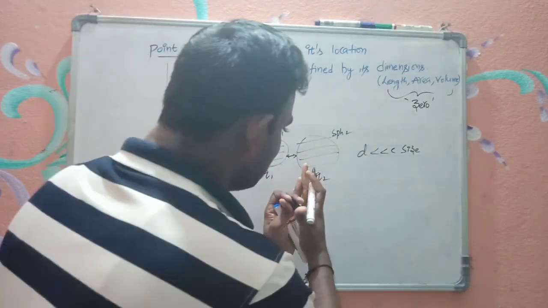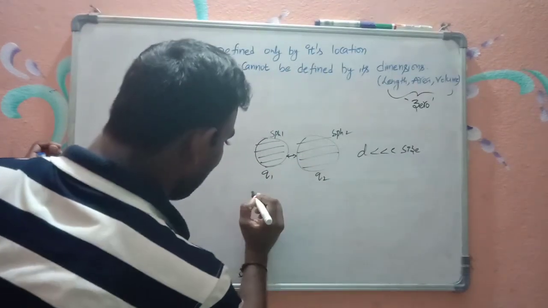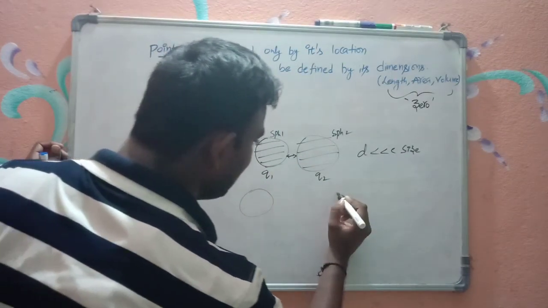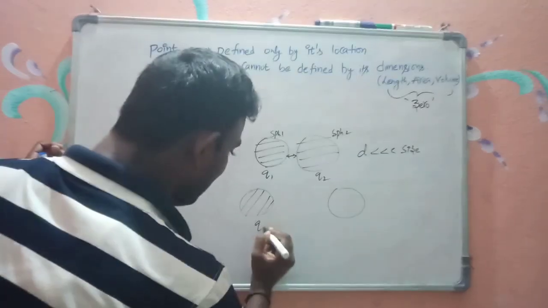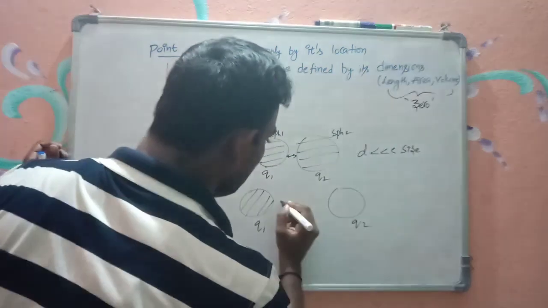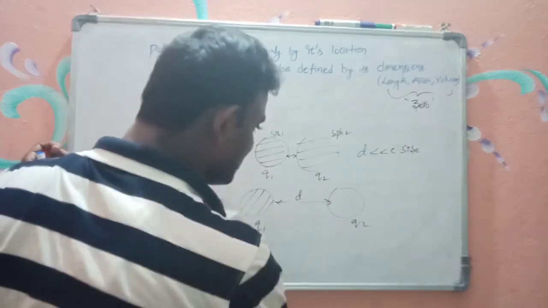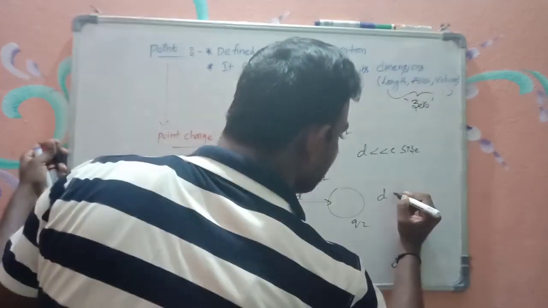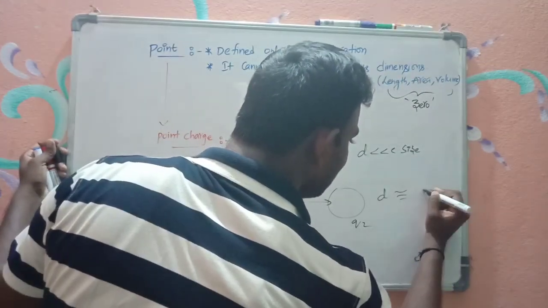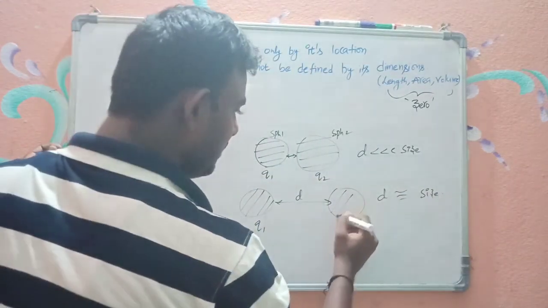Now I separate them a little bit like this. Now you have one sphere here and another sphere here. So this is q1 and this is q2. Now if you observe the distance, it is comparable to the size of the spheres, right?